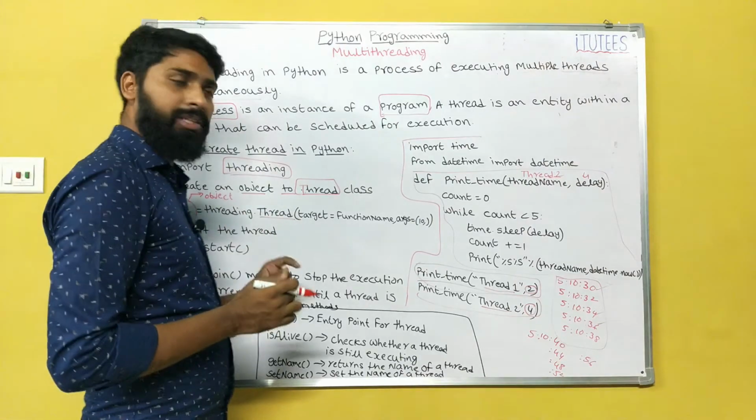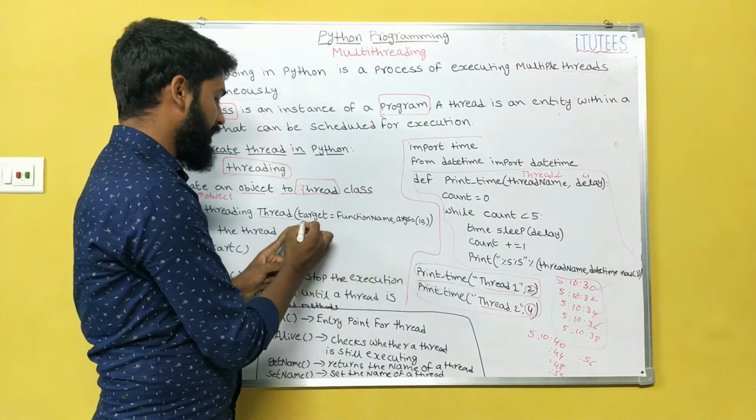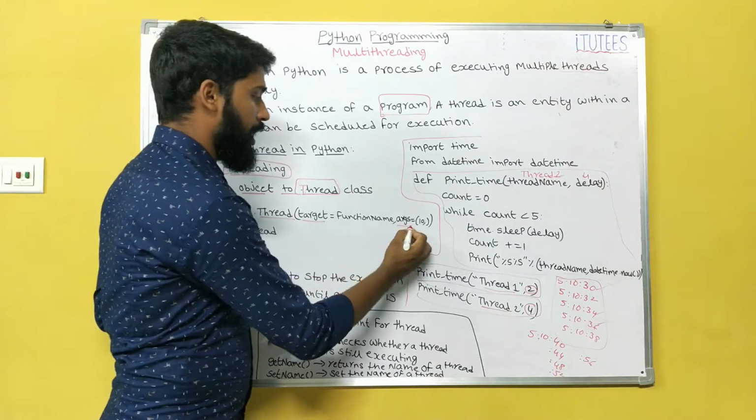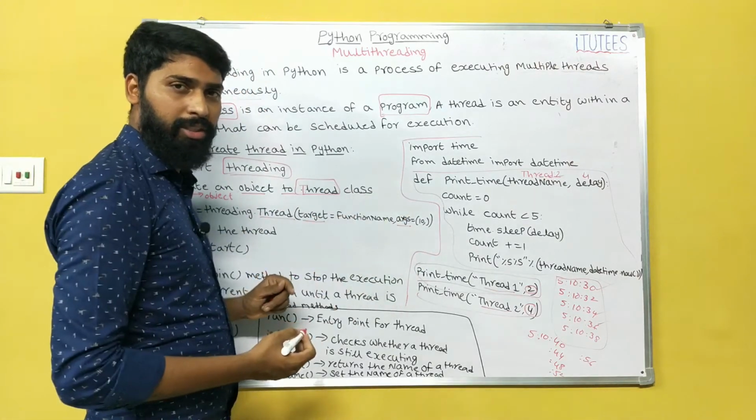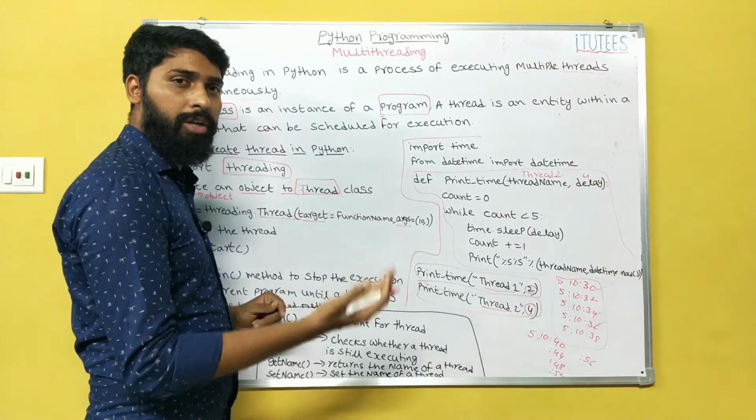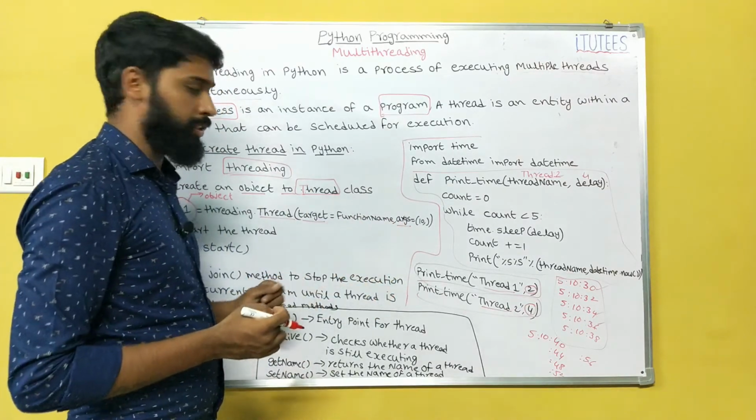In the Thread class there are two parameters: one is target, another one is args. Target is where we give the function name. Args means the arguments you want to give to the function.